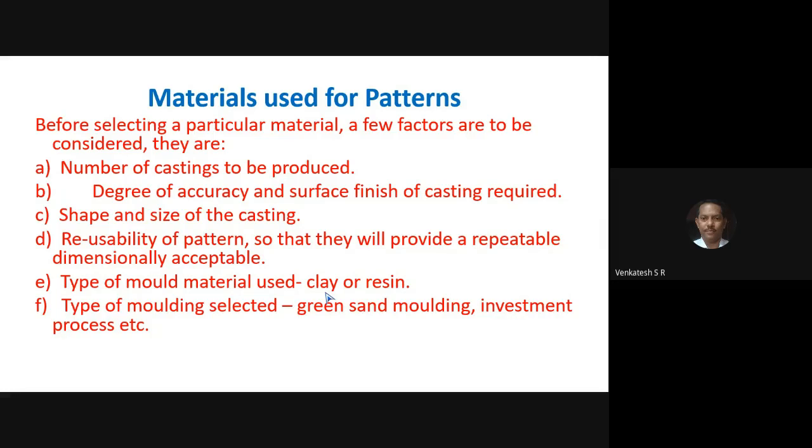The shape and size of the casting, the reusability of the pattern, and the mold material used, whether it is clay or resin. Then the last one, the type of molding process selected, that is green sand molding, dry sand molding, or investment molding process. Few question papers have already asked about the factors for material consideration for the pattern.